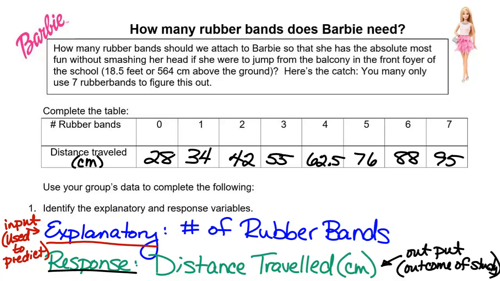And when we sketch this scatterplot, we have to make sure to label things. All right, so let's get our labels on here. What is this showing us? Number of rubber bands.